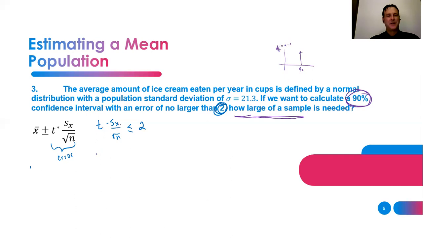What that means is that we're going to use a z as opposed to a t only in this one case. I'm going to put this in big bold letters.